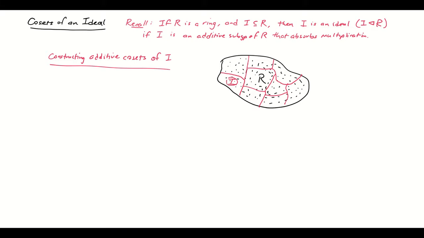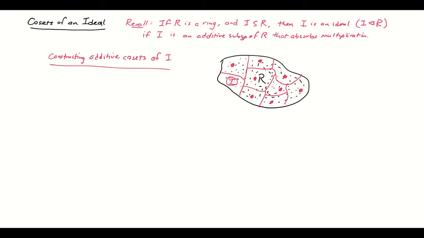Once we've done that, we're going to think of each coset as being just one object. So this is one object, I, and then this is another object, and then here's another one, and another, nearly done, and another. And then once we've done that, we have a new ring. The ring consists of all of these cosets. And we will have an operation, actually two operations, addition and multiplication, that operate on these cosets.